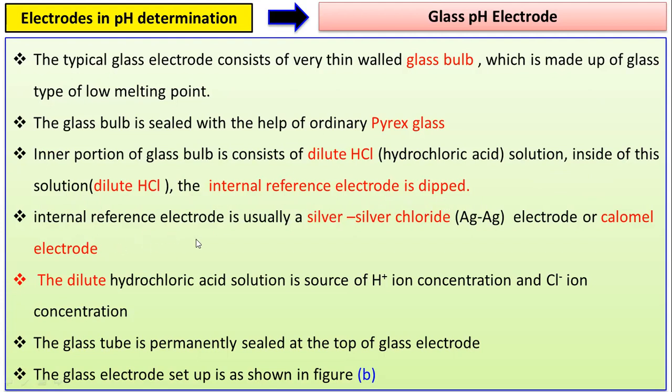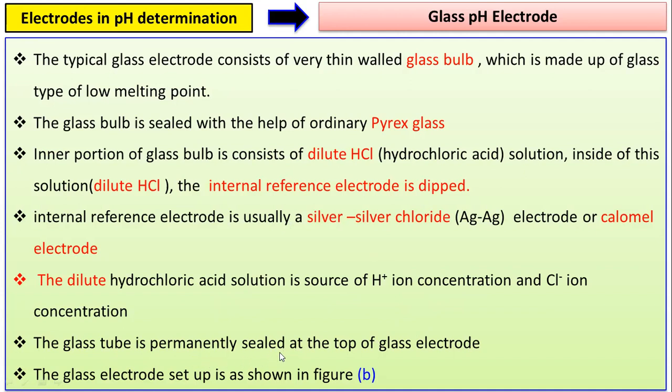The internal reference electrode is usually the silver chloride, that is Ag/AgCl electrode, or the calomel electrode is used. The dilute hydrochloric acid solution is actually the source of hydrogen ion concentration and Cl minus ion concentration. So we use here the dilute hydrochloric acid, which is immersed in the glass bulb. Basically, that is a good source of hydrogen ion concentration as well as chloride ion concentration.